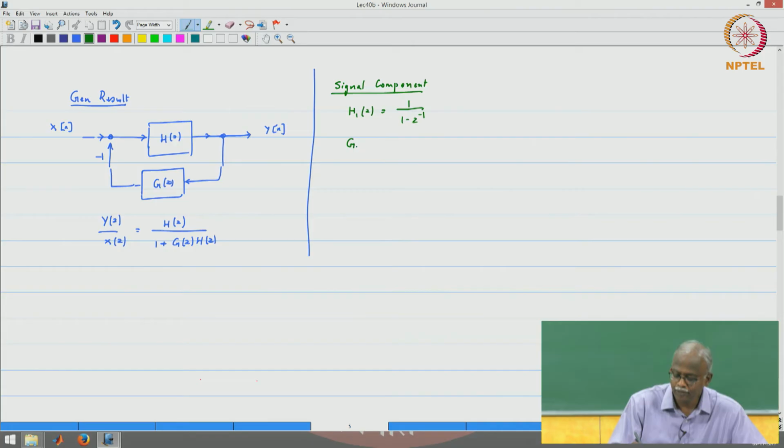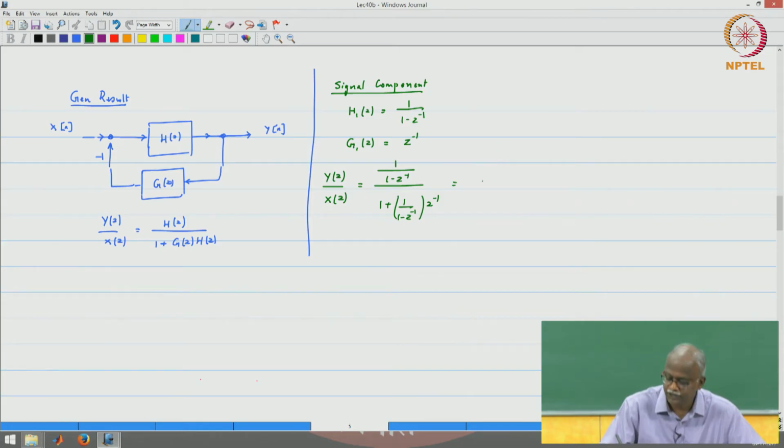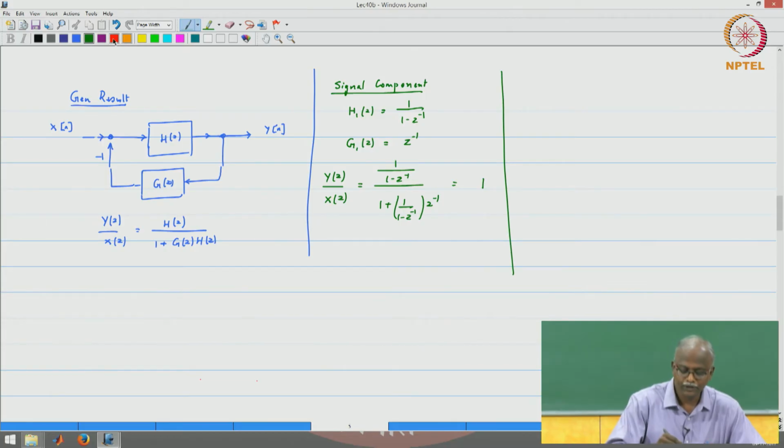And the feedback portion is given by G1(z) which is z inverse, okay. So, the signal transfer function Y(z) divided by X(z) is given by 1 over 1 minus z inverse divided by 1 plus 1 over 1 minus z inverse times z inverse, which gives us a transfer function which is equal to 1. Okay, that is the signal component.